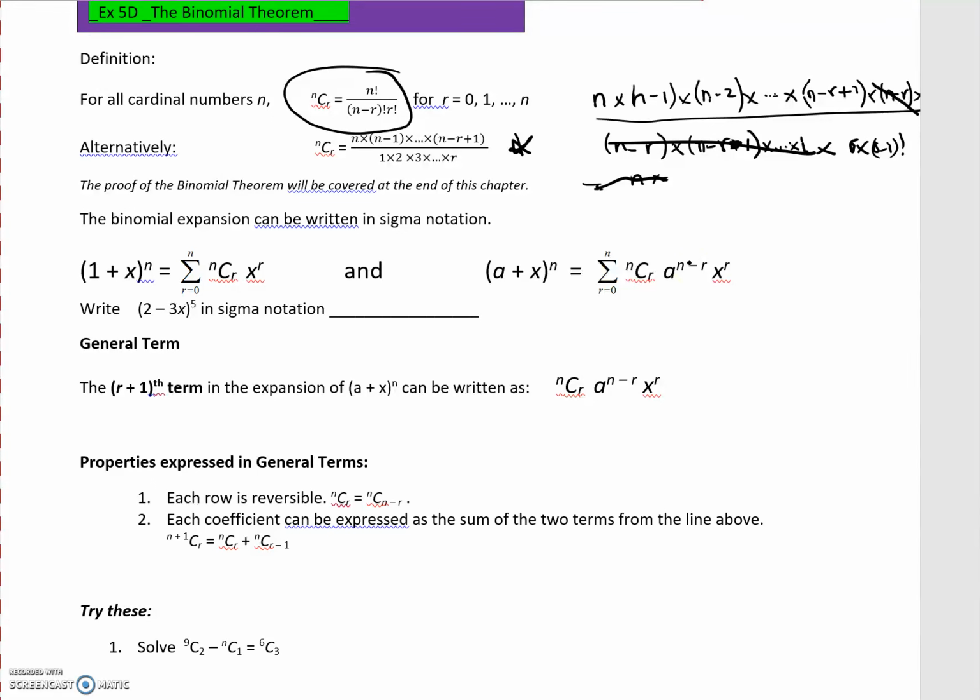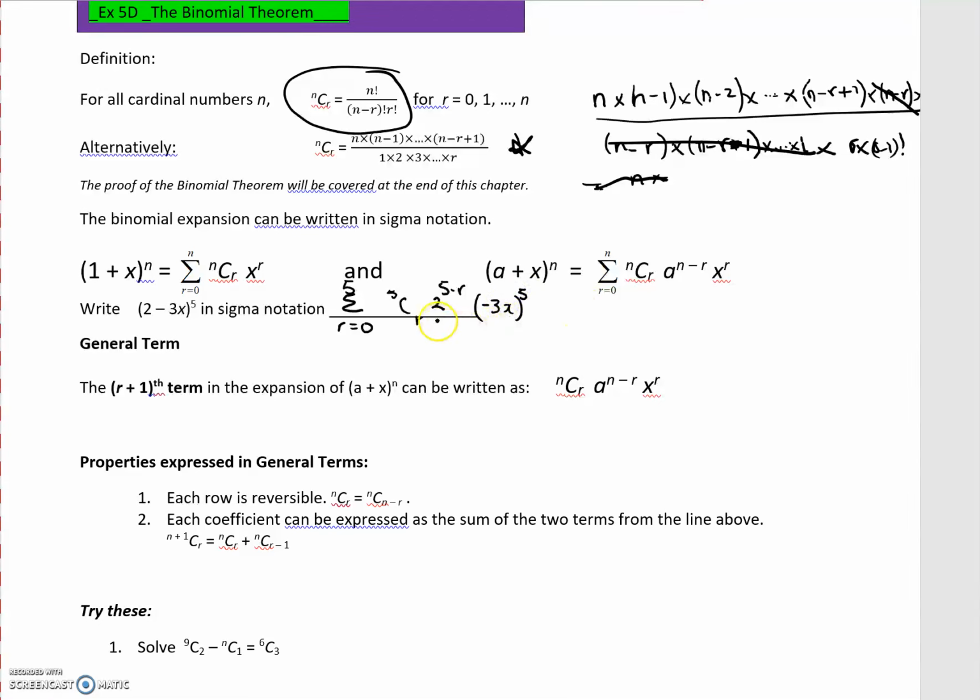You're going to see that right now in this example, where we're writing that in sigma notation. It's the sum from r equals 0 to, in this case, 5, of 5Cr times 2 to the 5 minus r, and then minus 3x to the r.